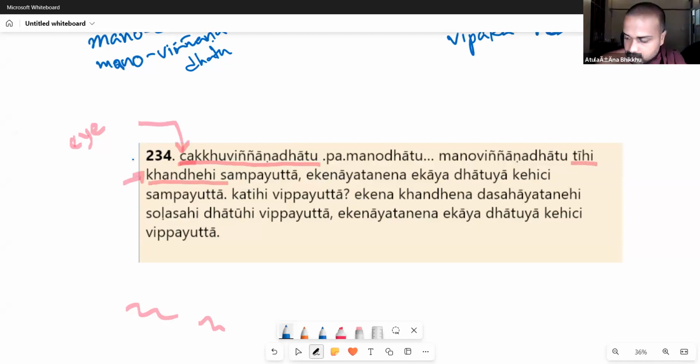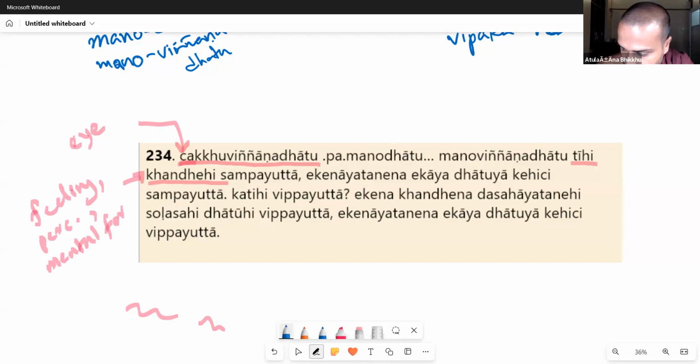Cakkhu-viññāṇa-dhātu belongs to the consciousness aggregate, so they are the feeling, perception, and mental formations.